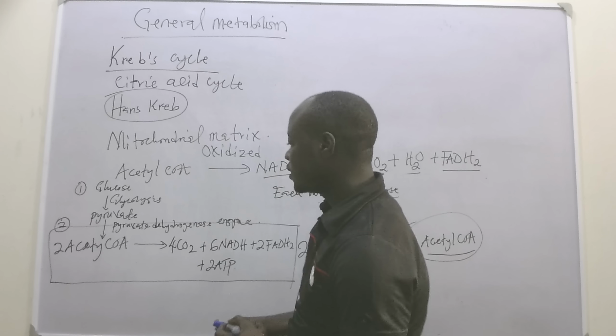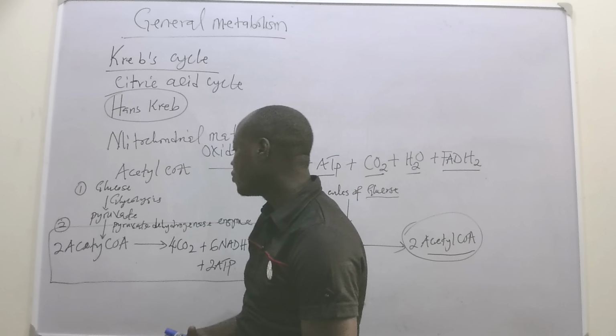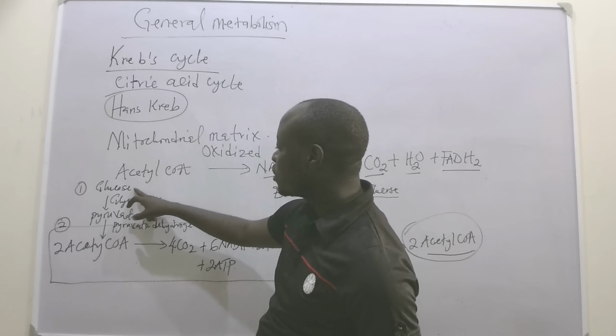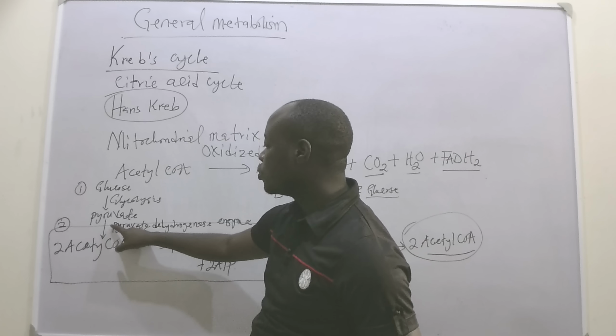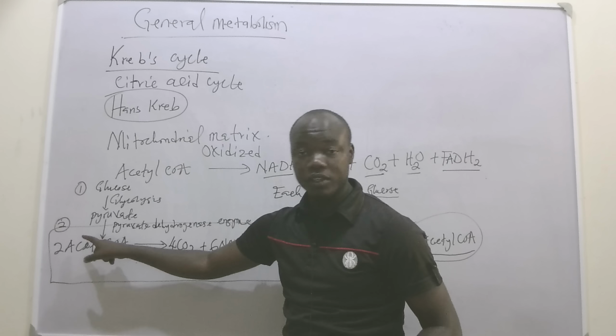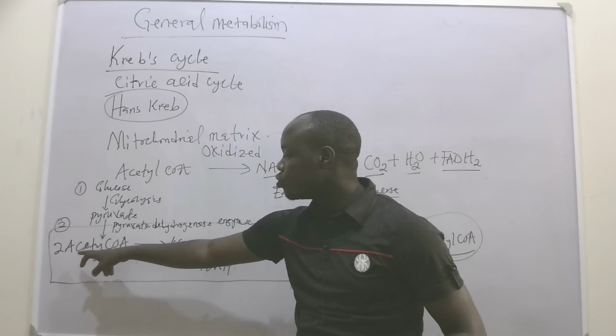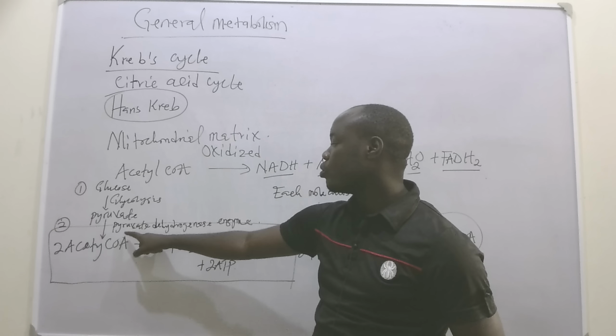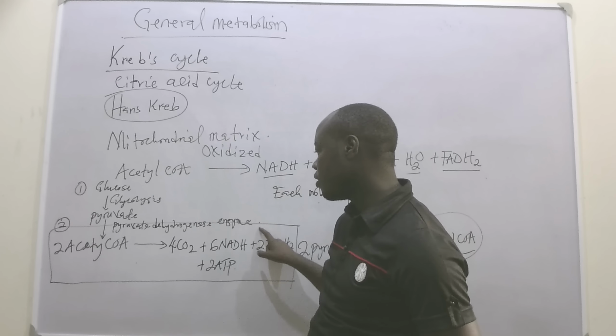So you see, as I said, cellular respiration involves 4 steps. The first step is the conversion of glucose to pyruvates through glycolysis. And then the second step is the conversion of pyruvates to 2 molecules of acetyl-CoA using pyruvate dehydrogenase complex.